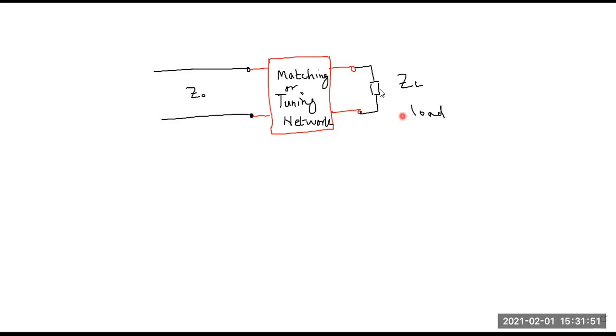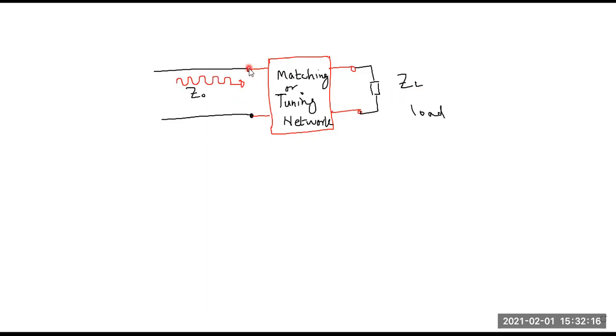Even without going into too much detail, the effect of this network is that when the signal is coming from the source side, this matching network is going to transform this mismatched load to a matched load.